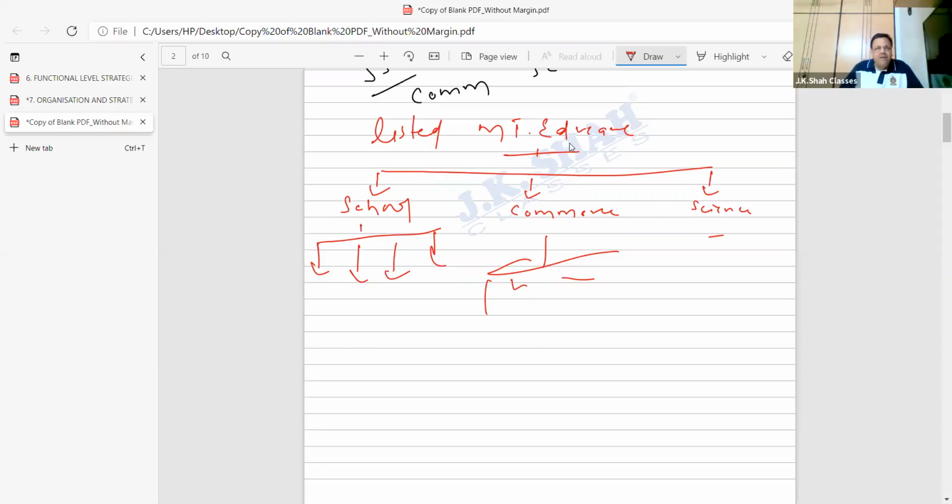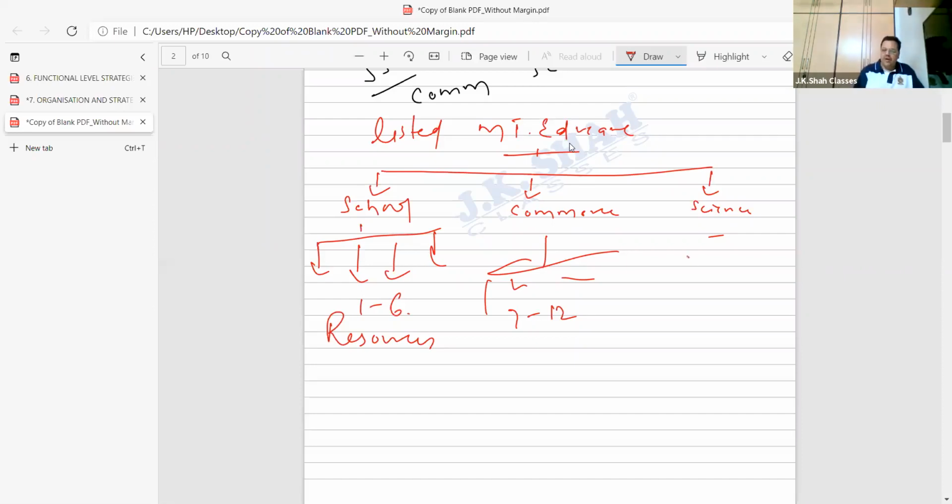But the best part is the proper use of resources. Where are we conducting the commerce and science lectures? In the same classes where school lectures are conducted. School lectures are from 1 to 6. Commerce college lectures will be from 7 to 12, because after 12 o'clock the students go to college.